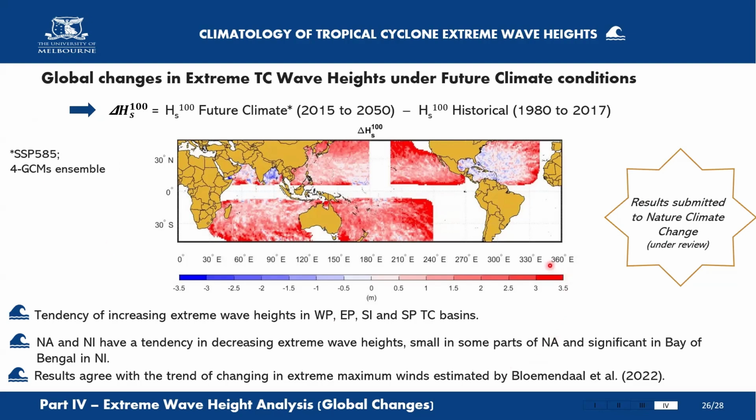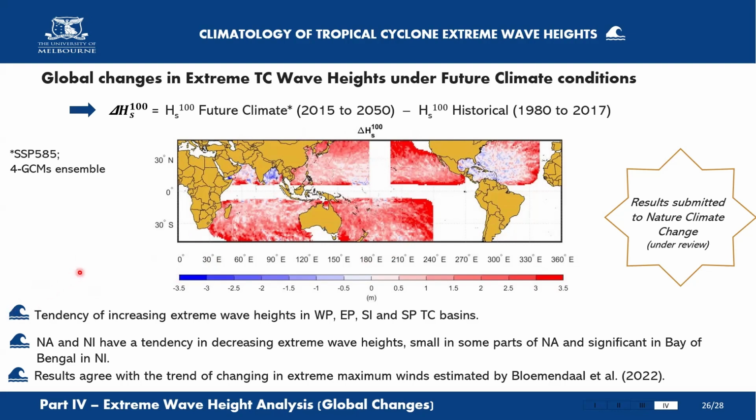We have the trend of increasing wave heights in red, and a trend of decreasing wave heights in blue. We can see a tendency of increasing extreme wave heights in the Western Pacific, Eastern Pacific, South Indian, and South Pacific tropical cyclone ocean basins.